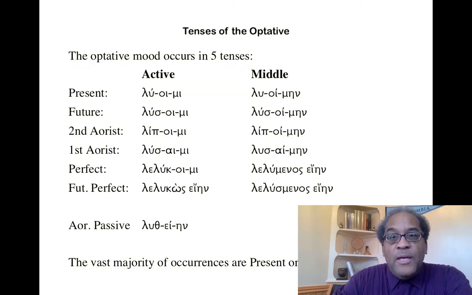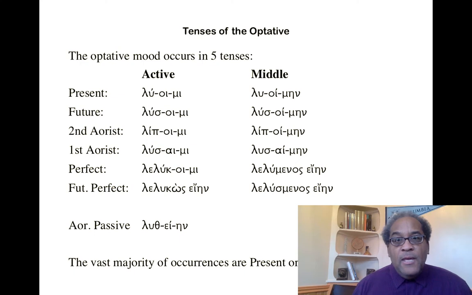So if we look at the tenses, the optative mood occurs in five tenses: the present, the future, the various aorist tenses, first, second, and passive aorist, and then the perfect and the future perfect. If we look at these forms, with the active on one side and the middle on the other, using the first person singular as my example, you see in luoimi of the present that iota quite clearly before the mi of the ending.